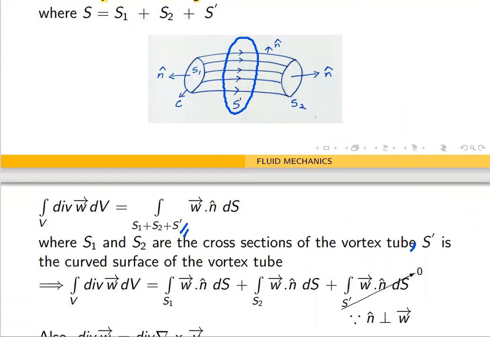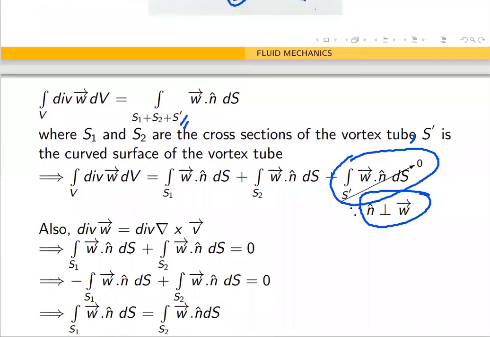Okay. Why on the curved surface is it equal to 0? Because on the curved surface W is perpendicular to N. Vorticity is perpendicular to N on the curved surface. So this third term will go off. And we know the divergence of W, and what is W?